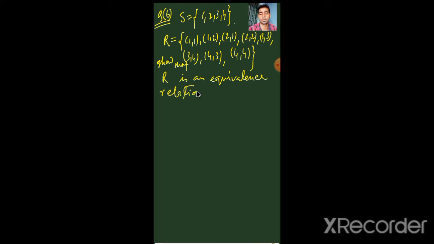By the definition of an equivalence relation, we know that a relation is said to be an equivalence relation if it is reflexive, symmetric and transitive.